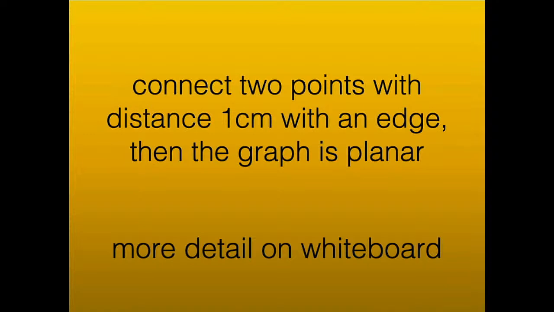Because as you mentioned, if there is a crossing, then some distance is less than 1 centimeter, which is a contradiction, since the assumption is that all nodes are at least 1 centimeter apart. So the graph is planar.